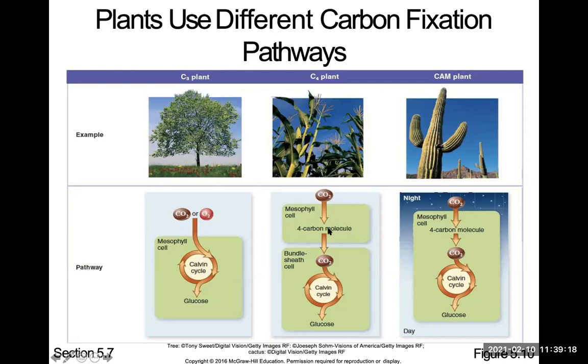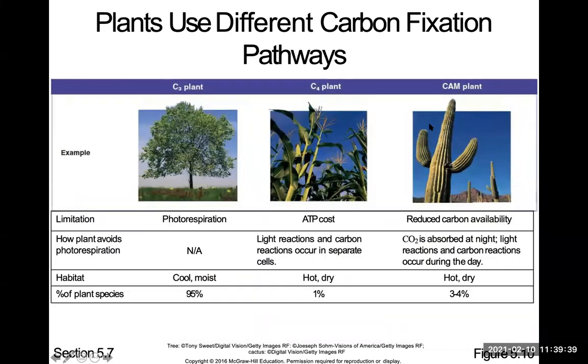So it happens twice. It uses, I think, PEP enzyme. You don't have to know the name. Then it uses rubisco. And this is the normal pathway of a C3 plant. So those are different kinds of plants, and they have different types of environments. Like I said, orchid can't live in this environment. Only these types of plants can live in these environments.